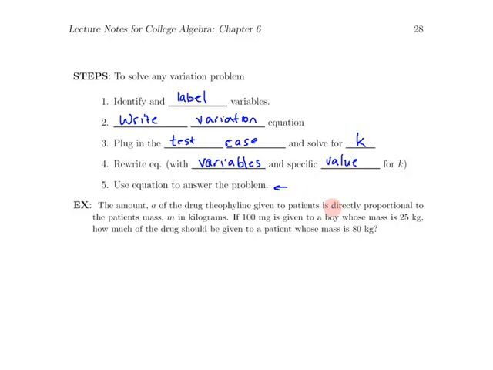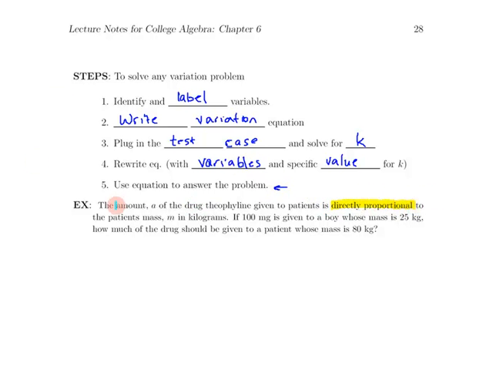So here's a quick application of a problem where we have direct proportionality. The amount of drug theophylline given to patients is considered to be directly proportional to the patient's mass.